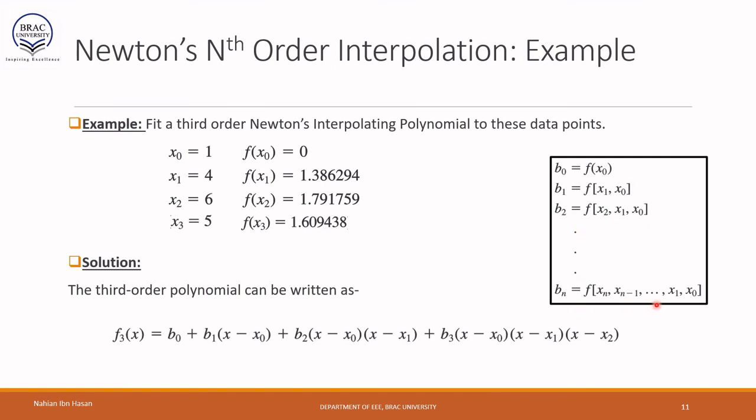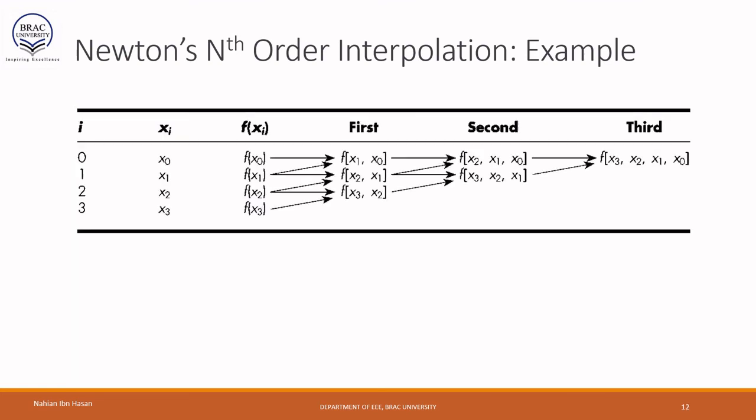Similarly, up to bn we can easily determine the function values. We have already seen how to calculate these function values, 2 variable function value, 3 variable function value, from the previous slide. We have seen that in the chart, so we are going to apply the same chart here.